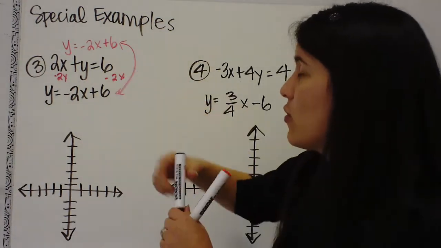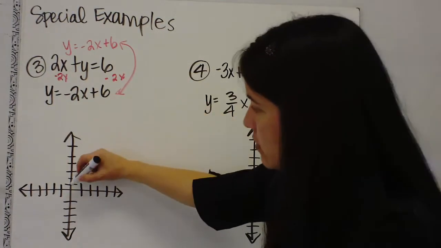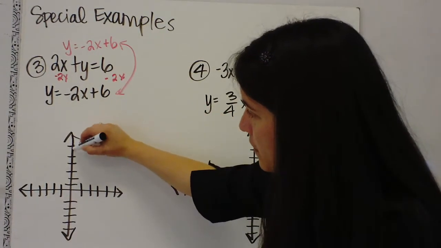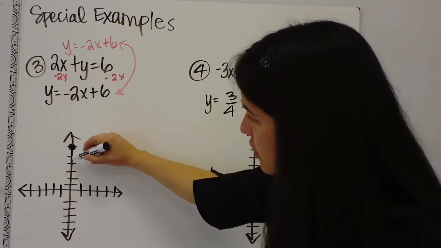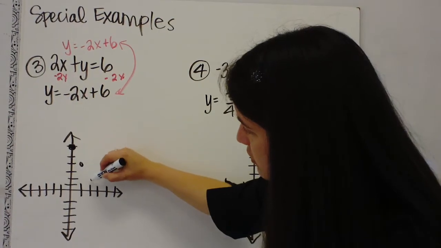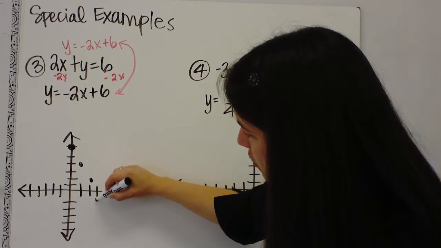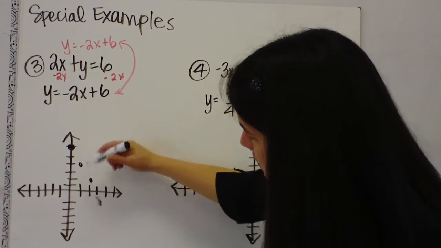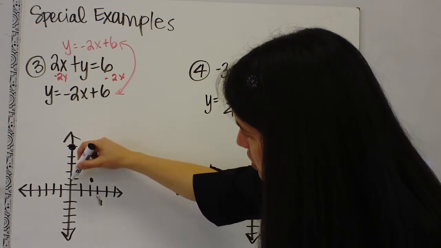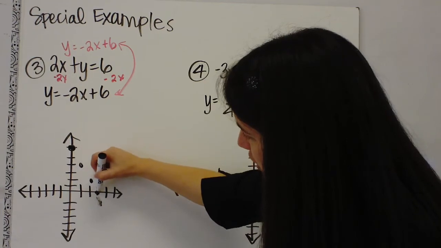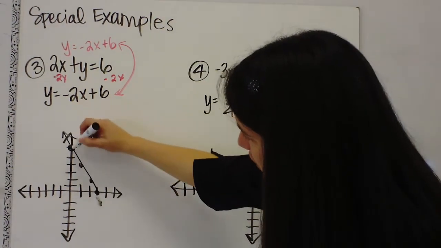Because the y-intercept is 6, and then the slope is -2 over 1. So I go down 2 over 1, down 2 over 1, down 2 over 1, right there. And you can see the line that I've created.